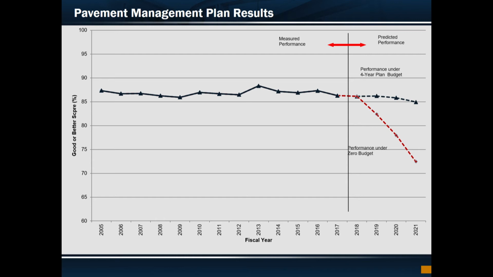You can see the system is kind of stable and going down slightly. And you see that red line here. This is a scenario we ran if we don't have any money, and what the overall system performance would be. You can see it's nosediving.